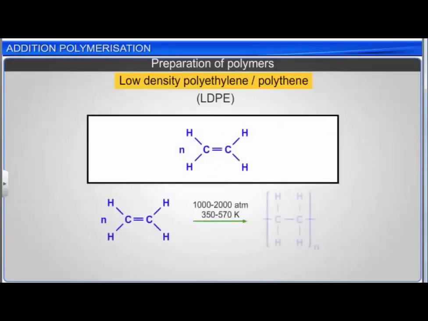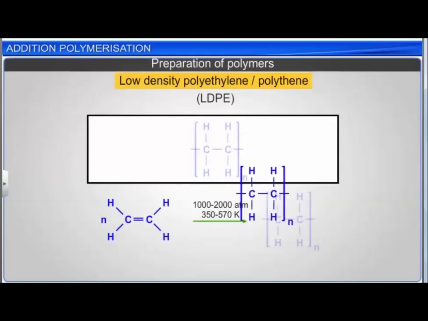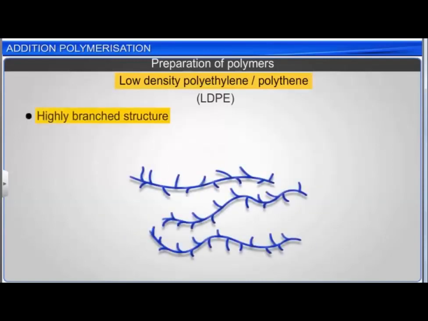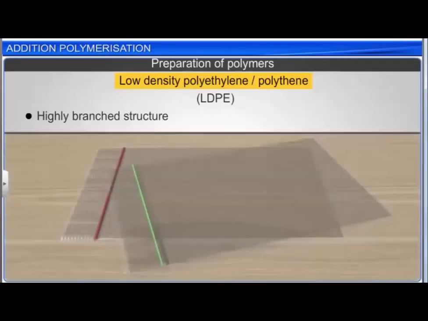The equation shown here represents the polymerization reaction to form LDPE. LDPE is a highly branched structure, where the branches in turn may also have side chains. The branches keep the chains from packing closely together, and so the resulting plastic is soft.